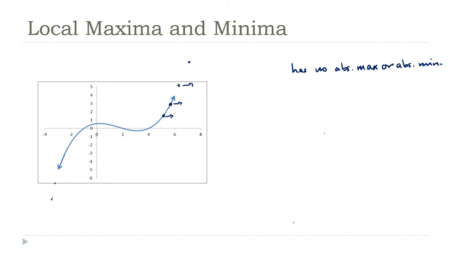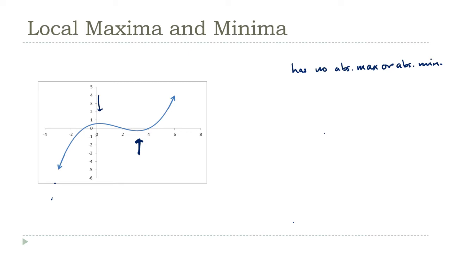Okay, but you notice it does have a peak over here and a valley over here, and those points can still be interesting, right? If you're looking for, at what point do our sales bottom out and start increasing again, then this point here is still interesting to you.